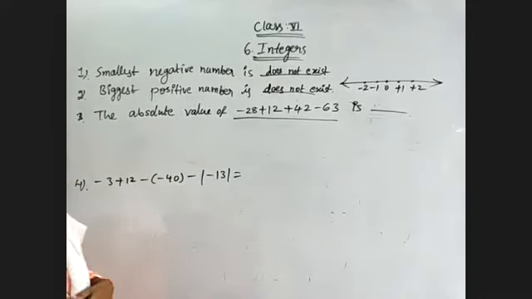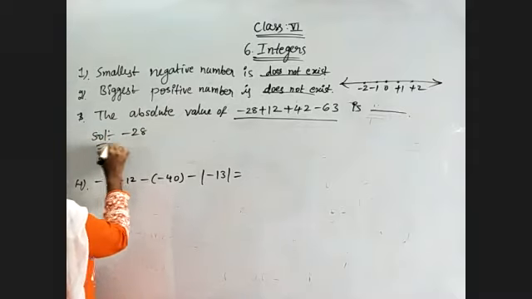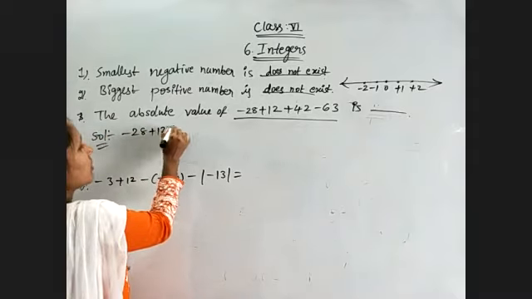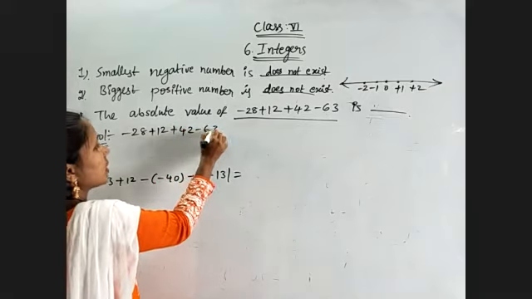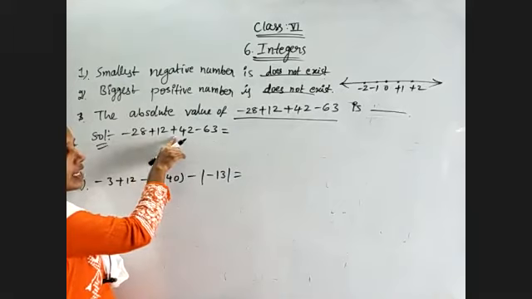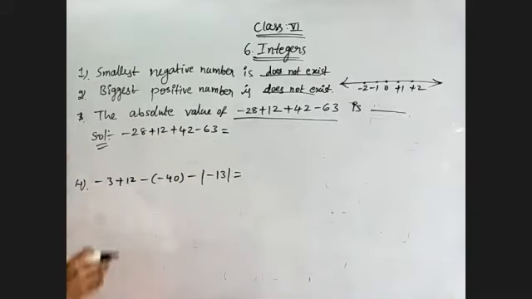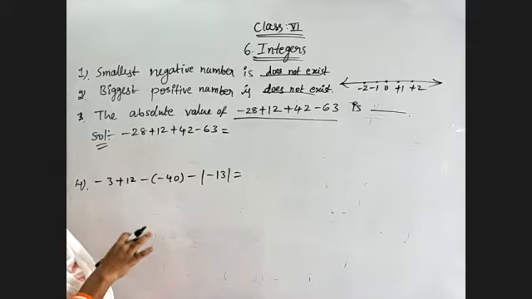So for that I have minus 28 plus 12 plus 42 minus 63 is equal to... observe all these, you have either addition or subtraction. Now we know how to add and subtract integers very well.